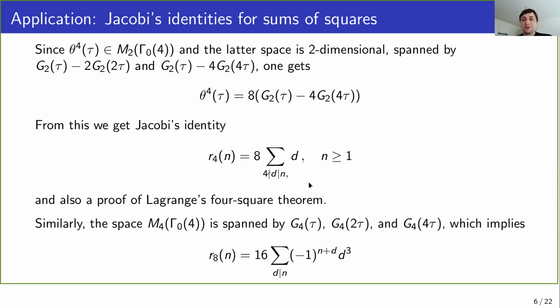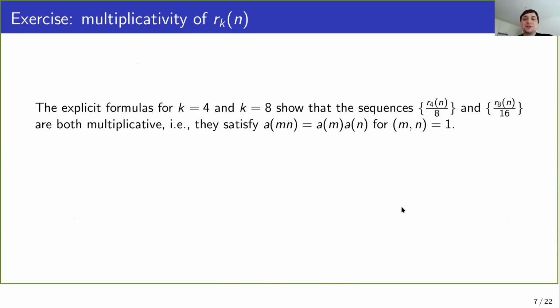It is directly so in this case, and it's somewhat less obvious that it's also the case here. But what this shows is that these sequences, R4 of n divided by 8 and R8 of n divided by 16, are multiplicative. So what this means is that they satisfy this identity for all coprime m and n. If m and n are coprime, then the value at the product is equal to the product of the values.